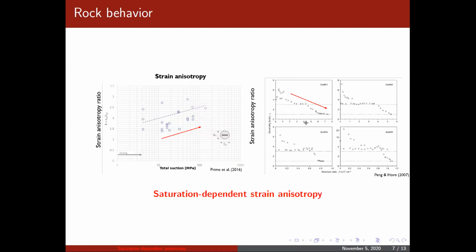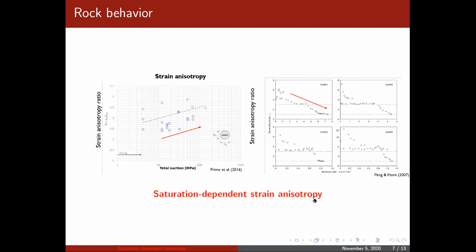At the same time, we also see in rock behavior that there is some strain anisotropy. In both these cases, the authors performed shrinkage tests where they dried out the sample and measured the strain. We see that there are changes in the strain anisotropy ratio depending on the suction that the rock is exposed to.